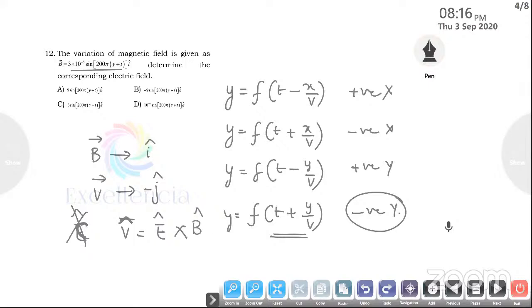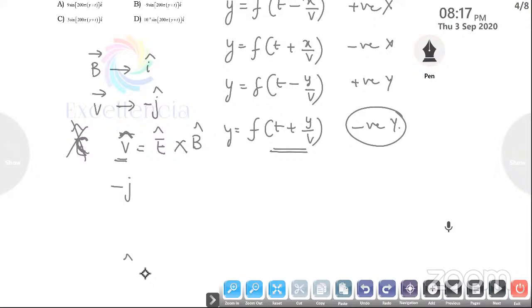That will give us the direction of propagation of the wave. Already the velocity is pointing along minus j cap, and the magnetic field is along i cap. So what should be the direction of the electric field? The electric field should be along minus k cap. Then only you will get the cross product: k cap cross i cap is j cap, and with the minus sign, minus j cap. So the electric field should be along minus k cap.